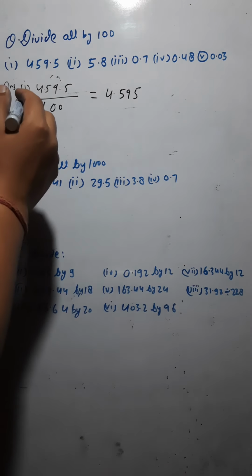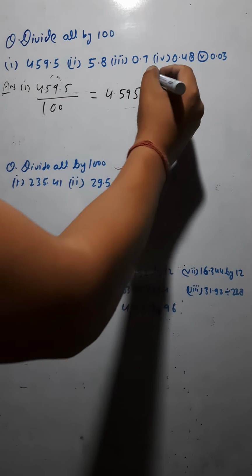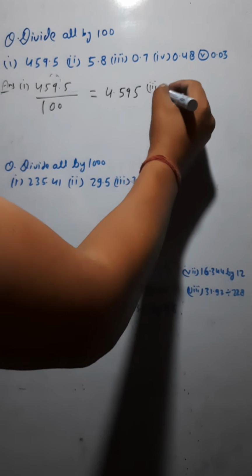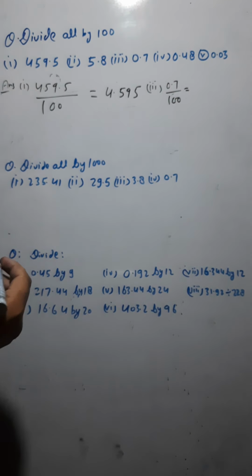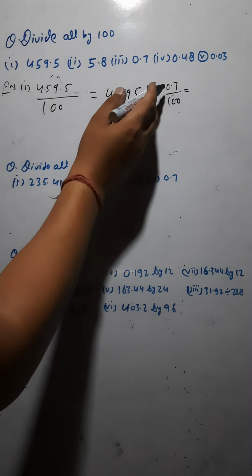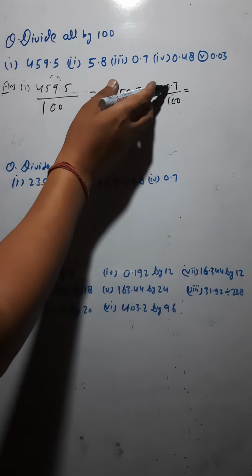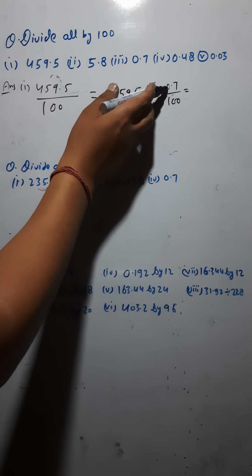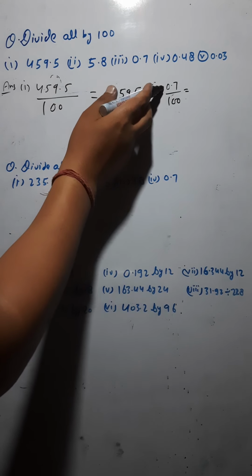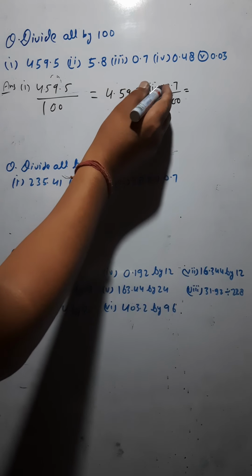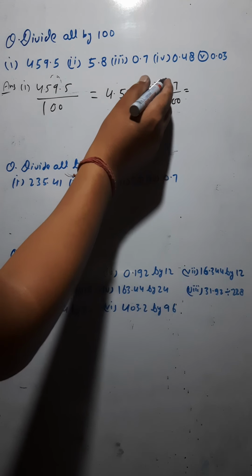Okay, this was the first question. Let's say you are to solve the third one. Let me tell you this one also, 0.7 by 100. How would you solve this? Again, the decimal is going to be shifted two places, but you have only one place here. Two zeros, but only one place, so one more place is needed. So I would place one more zero here, and then the decimal would come here.